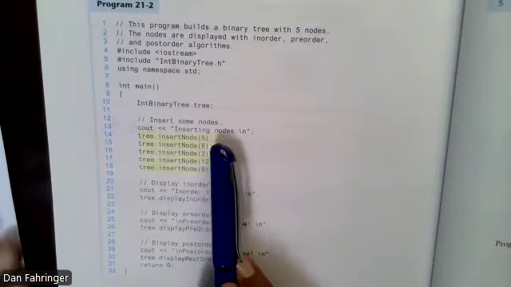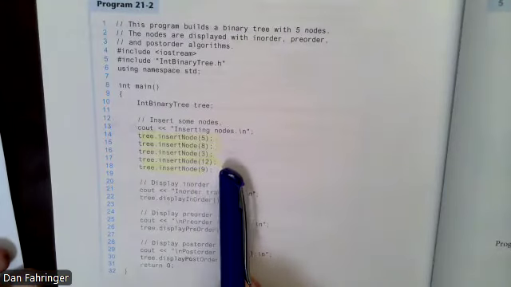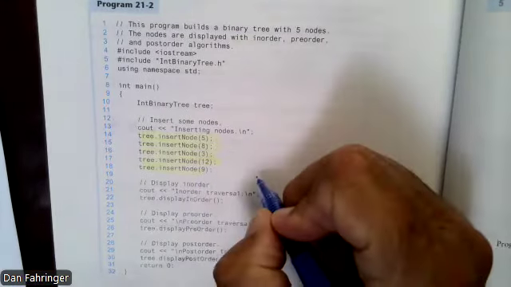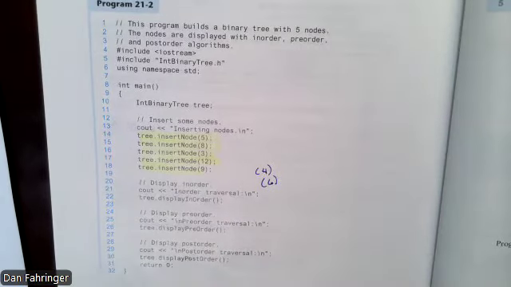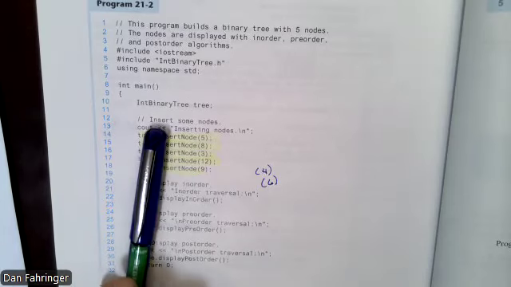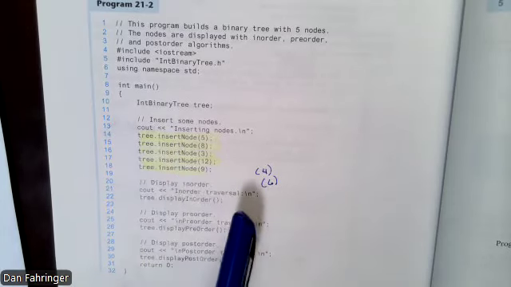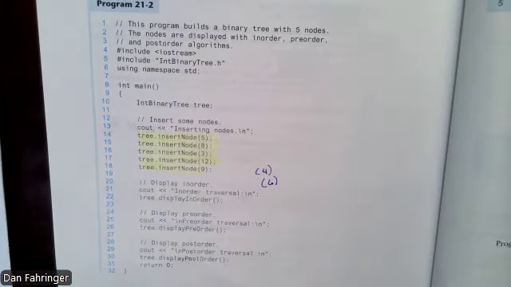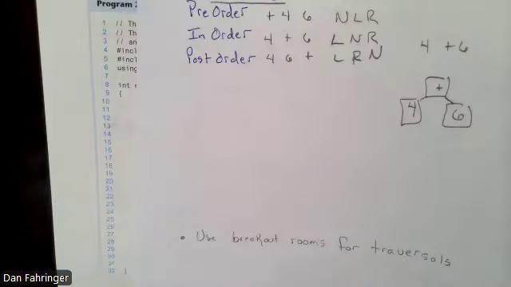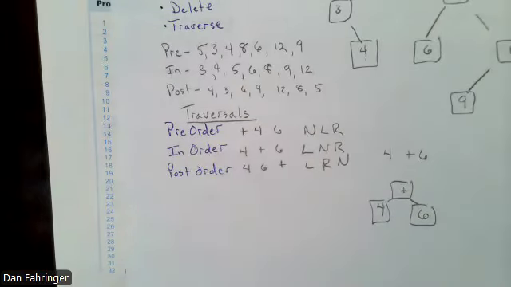Oh, look at that. 5, 8, 3, 12, 9. I actually have 4 and 6 in the list because I wanted a little bit more. So if you loaded up 21.2, you added 2 more lines, insert node 4, insert node 6. Do you get what we had with pre-order, in order, and post order?